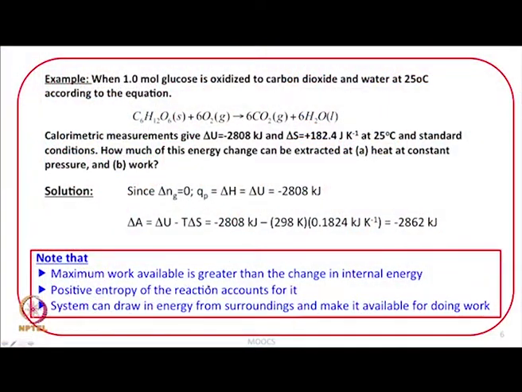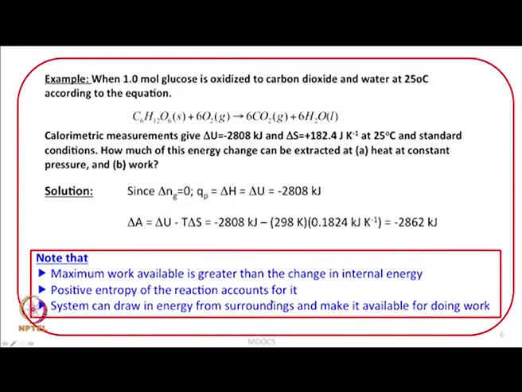And these are summarized into these conclusions, that maximum work available is greater than the change in internal energy. Minus 2862 is greater than minus 2808. And what is the reason for this? The reason is the positive change in entropy.